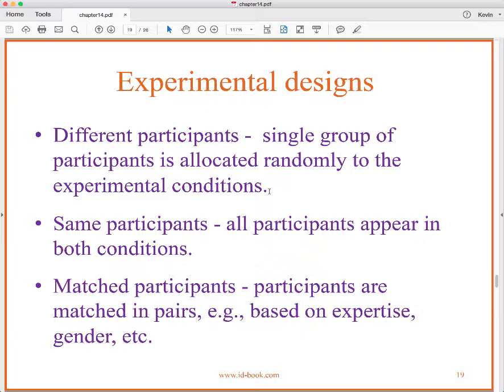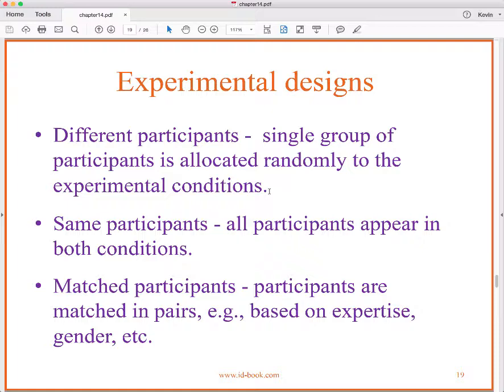Experimental designs. Okay, so there are some challenges in how you manage the participants in an experiment. And it has to do with differences between the participants and differences amongst the activities that we have them do. Okay, so first of all, we want to make sure that the differences between the participants are not what's driving the differences in the outcomes, right?